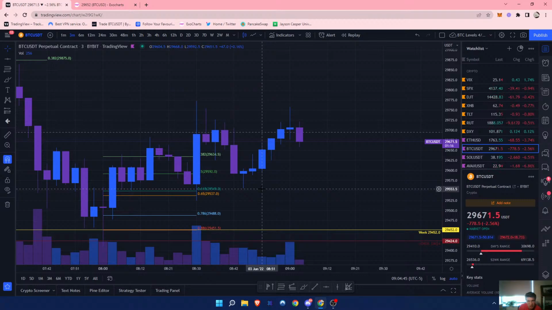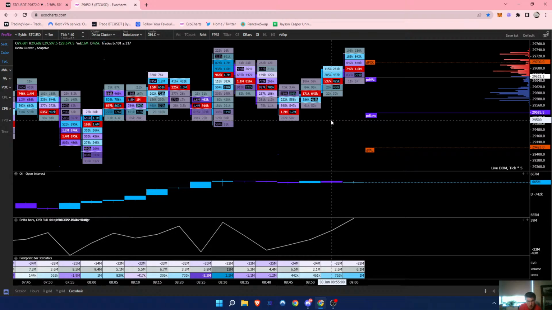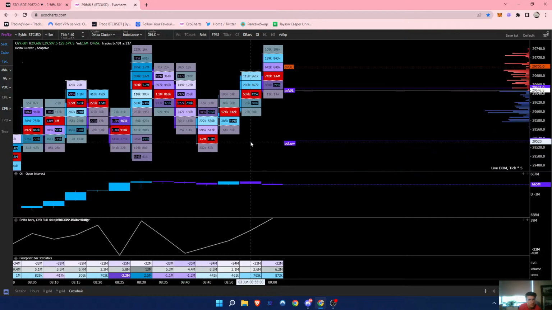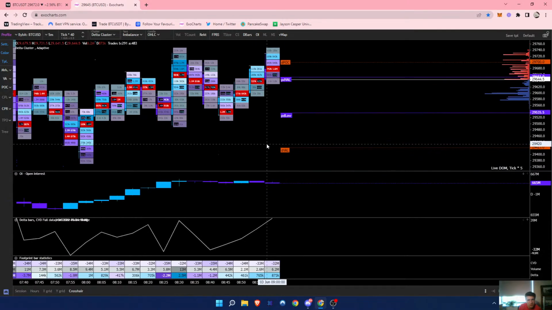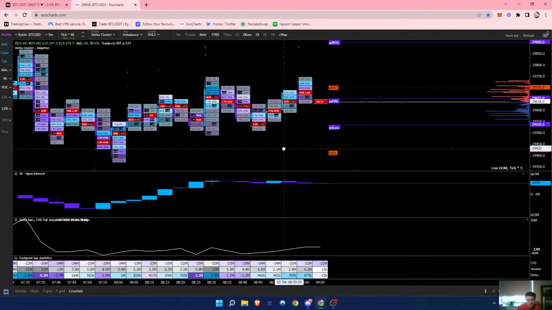So we did kind of front run that golden pocket a little bit. Again, I'm just kind of being patient. Could be a possibility that we still go to the downside, but let's see what happens.